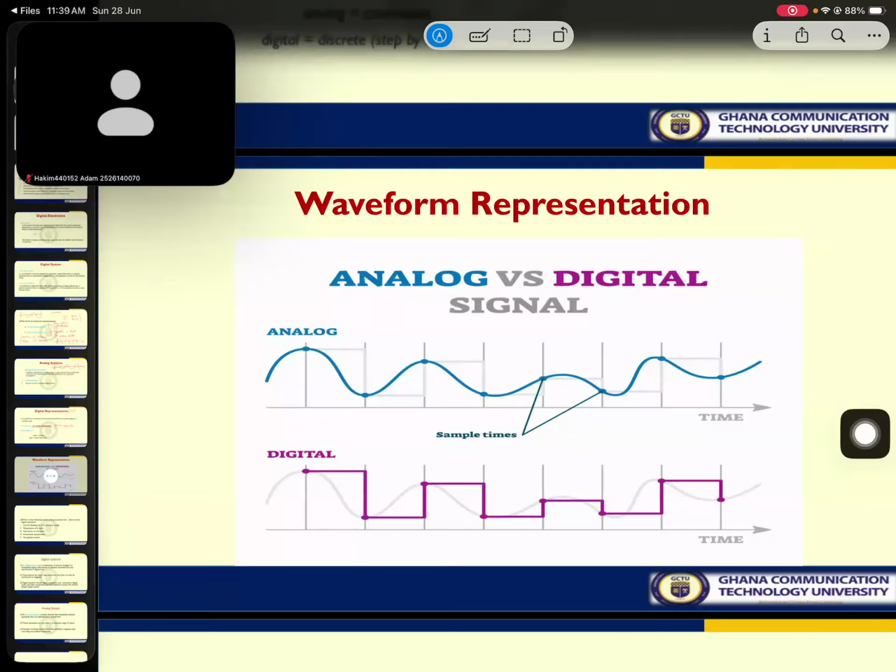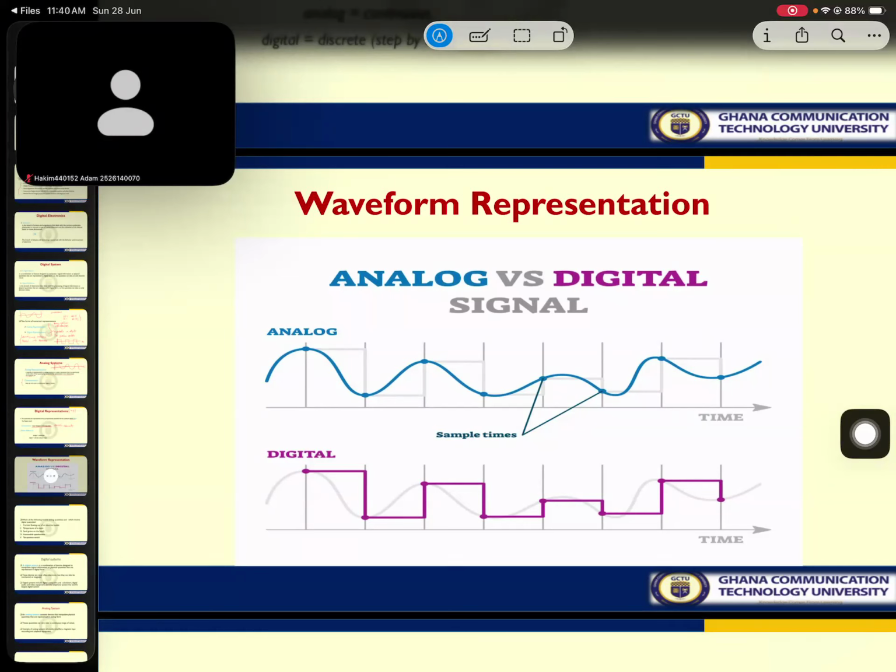Okay. Then we look at the waveform representation of analog and digital signals. Let's look at this diagram. We have analog signals and we also have digital signals.